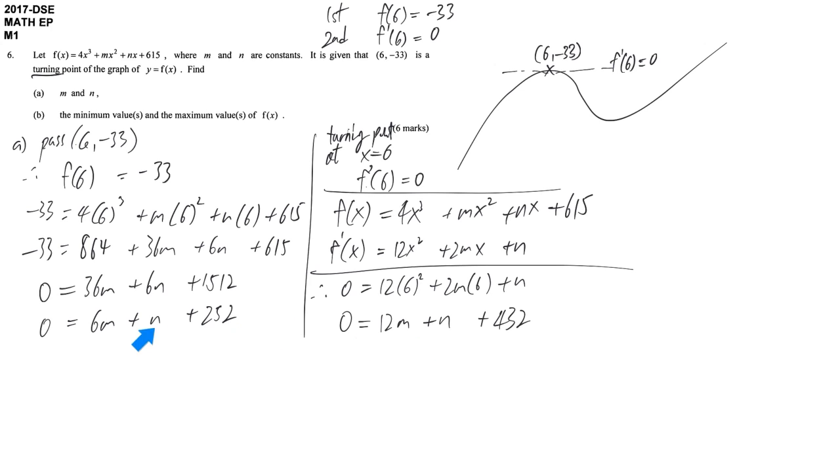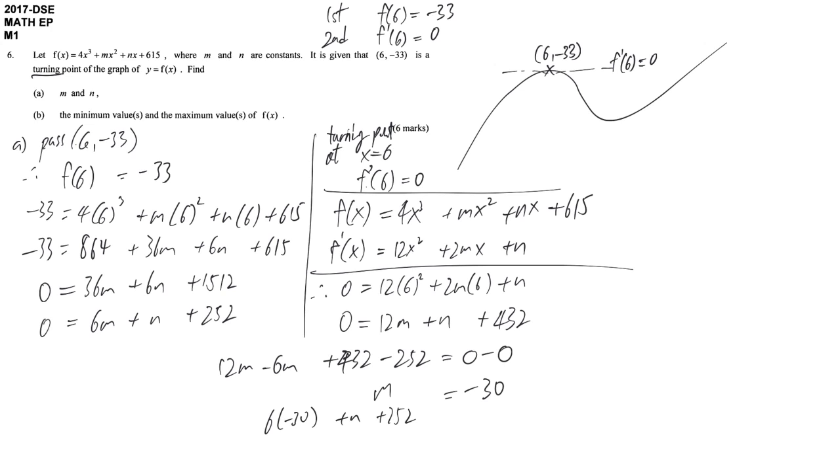Solve this simultaneous equation by subtraction. So 12m minus 6m, and then plus 432 minus 252 is equal to 0 minus 0. So m is equal to -30. Then n is equal to -72. So m equals -30, while n equals -72.